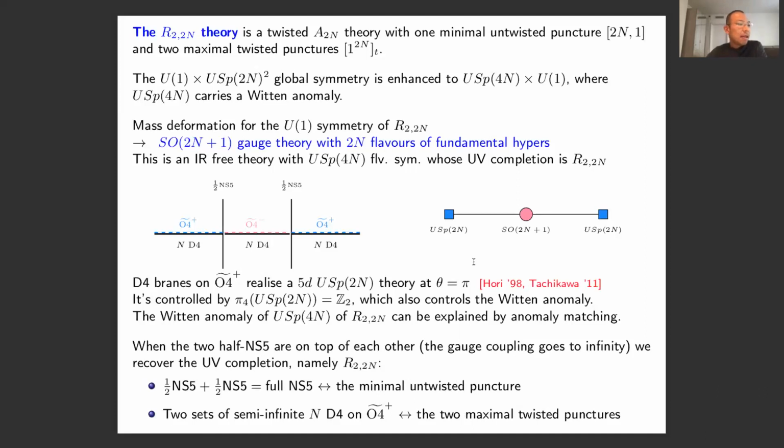You can see from this picture that you have a Witten anomaly for the USp2N, and this relates to the O4 plus tilde construction. This is the type 2A realization, basically. And you can realize this simple theory using the maximal twisted punctures from this part and this part, and the minimal untwisted puncture from the two half NS5 becoming a full NS5, okay?